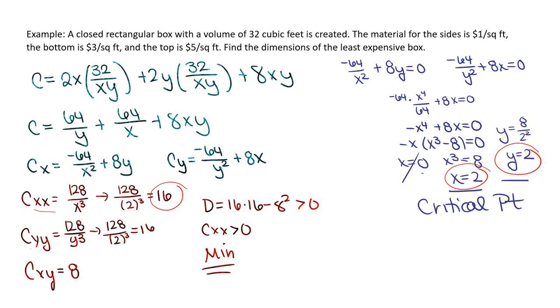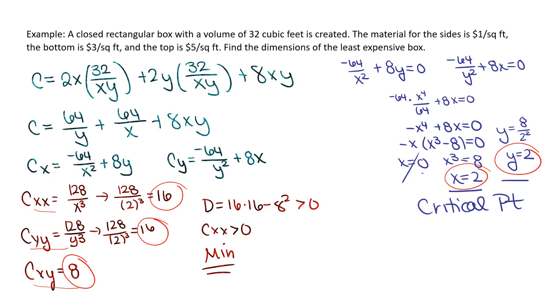Cxx was 16, cyy was 16. Oh, nothing to plug in for cxy, it's just 8. And then I can compute that D value by taking my cxx times cyy, so 16 times 16, minus cxy squared, minus 8 squared.